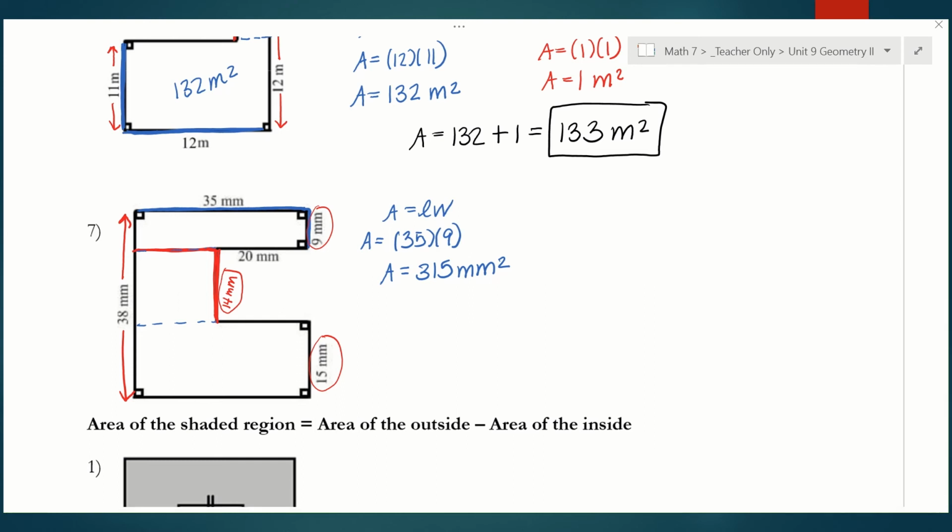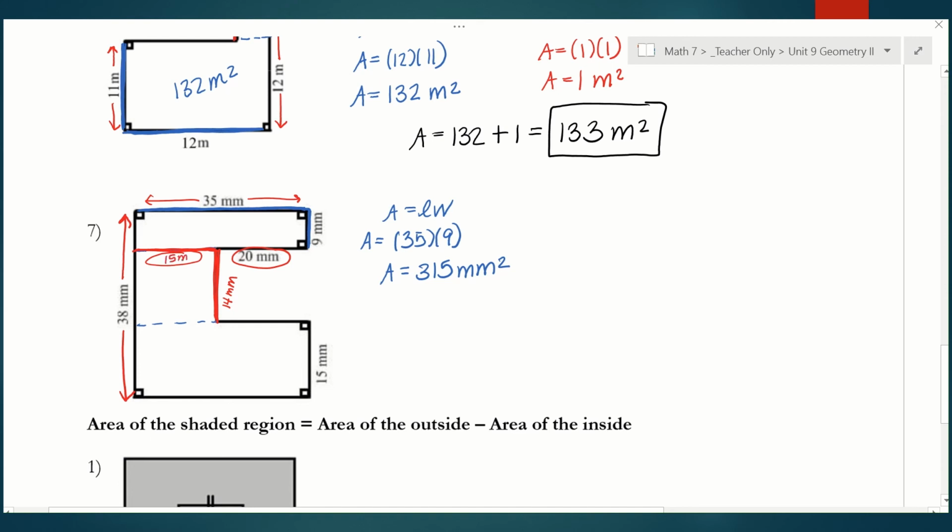Okay? In order to get the other side that I need, I'm going to have to think, well, if this whole thing is 35, and this is 20, what does this have to be to equal 35? So 20 plus what gives me 35?